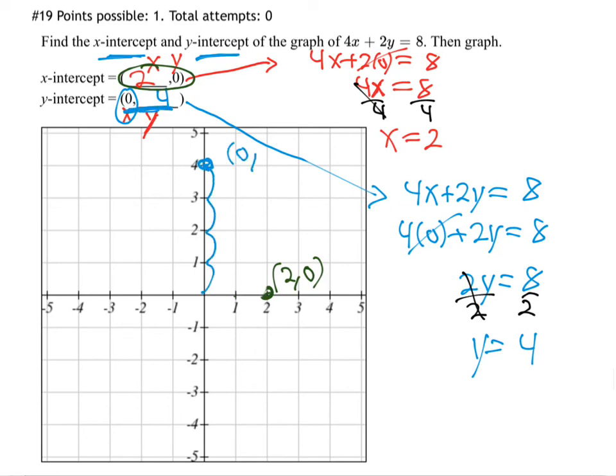Right there. Over 0, up 4. And then the last thing is they want us to connect those two dots with a straight line. That line is the graph of that function. So when you find two dots and connect the two dots with a line, you've graphed the function. That's another way of graphing the function, different than the way we did it a second ago on the previous problem.